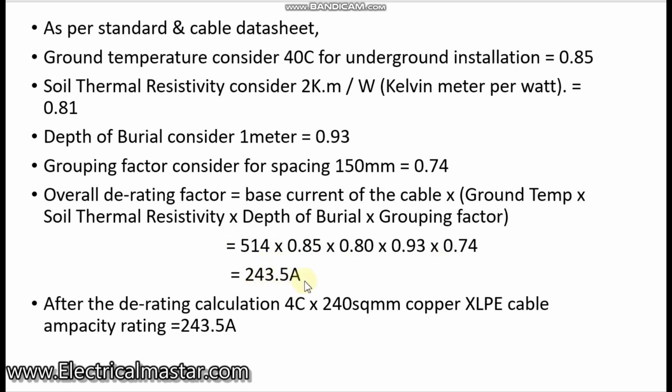243.5 amperes. Now you will see without derating the cable value is 514. After considering all the derating and correction factors, including the temperature correction factor, the value reduced to 243. So after the derating calculation, the 4 core 240 square mm copper XLPE armored cable value is reduced to 243.5 amperes.